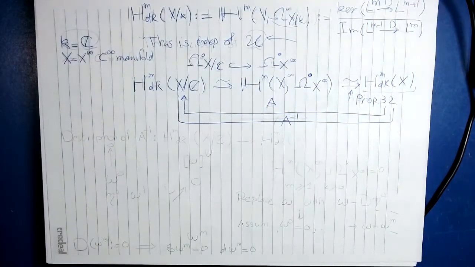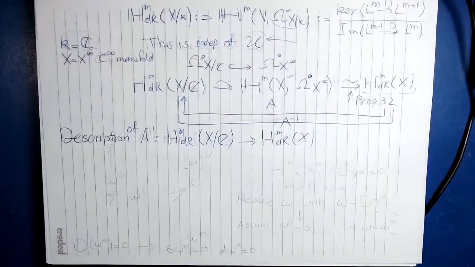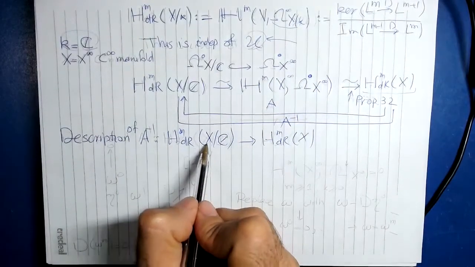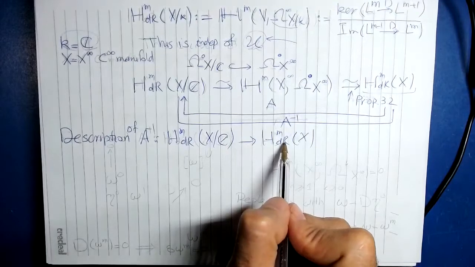And I would like to make the description of these two maps. First, I would like to describe the map R-1 from the algebraic de Rham cohomology to usual de Rham cohomology.